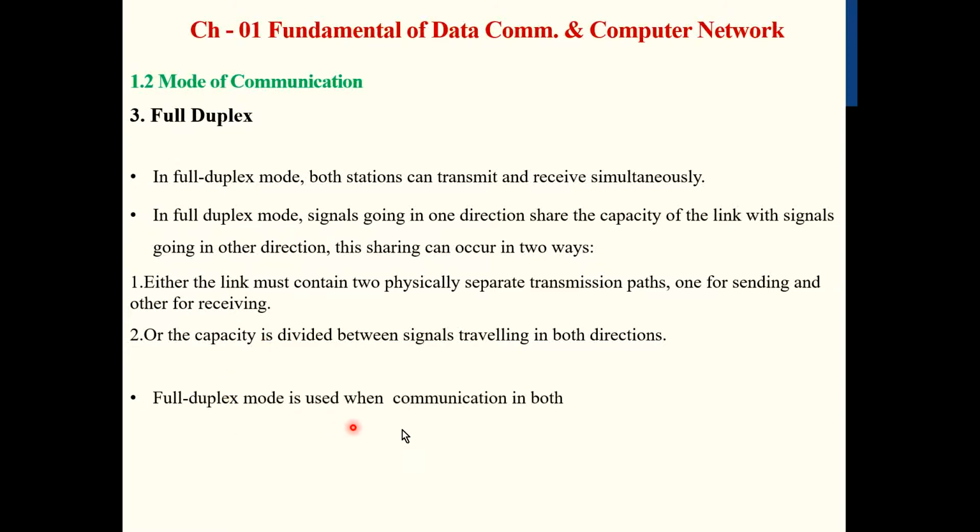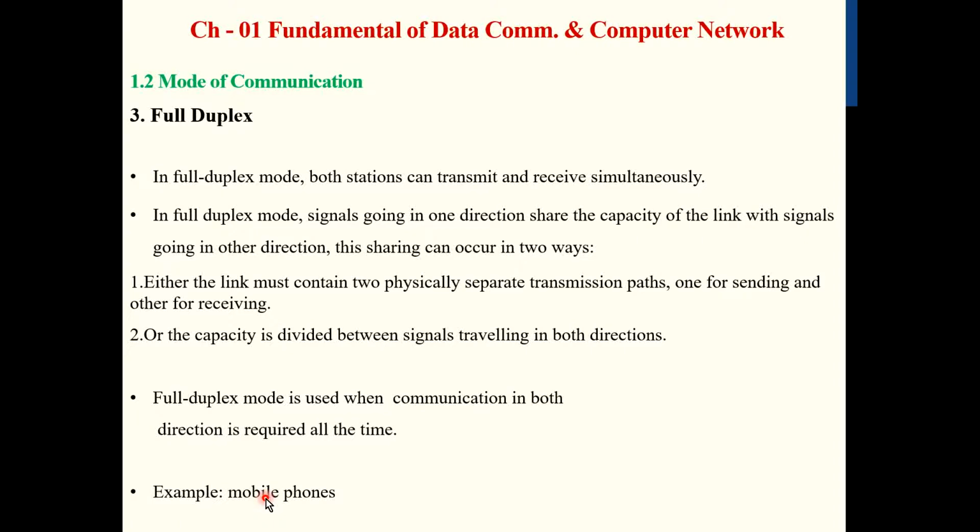Full duplex mode is used when communication in both directions is required all the time. A basic example is the mobile phone. In a mobile phone we use full duplex mode. Why?